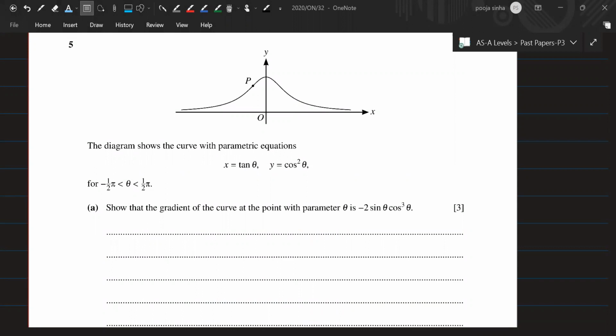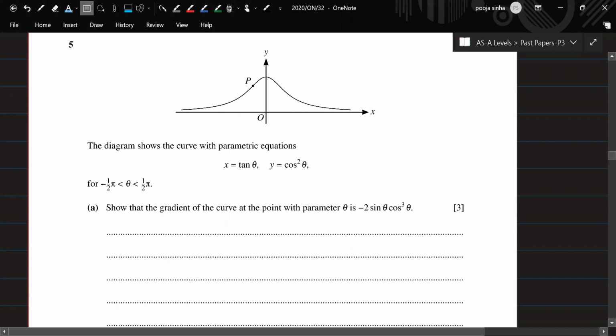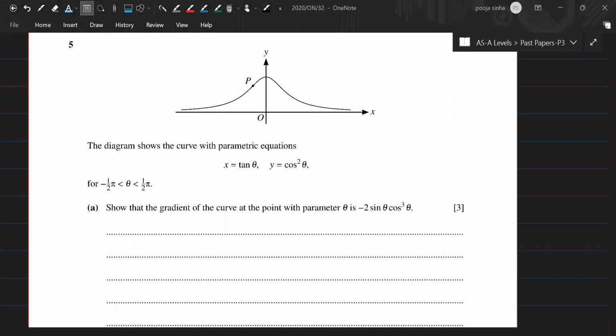हमने फर्स्ट चैप्टर क्या किया था? What was the first chapter? Mod. वो कैसा लगा था? That was also okay. That was also not bad, है ना? उसके questions भी आपको बहुत difficult नहीं मिलेंगे. Even trigo is not difficult.